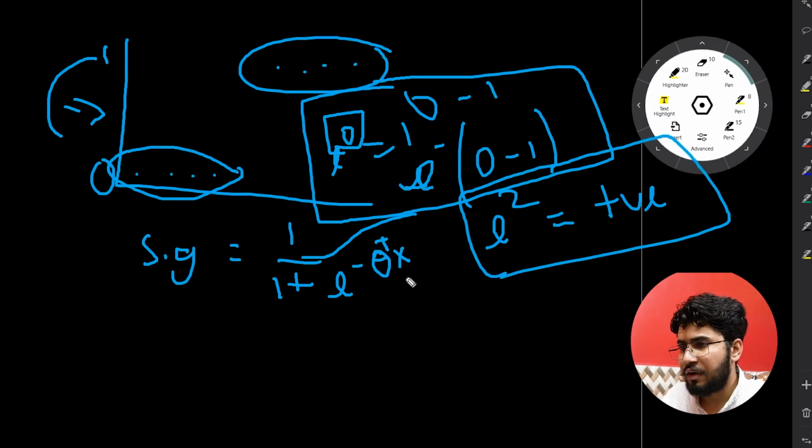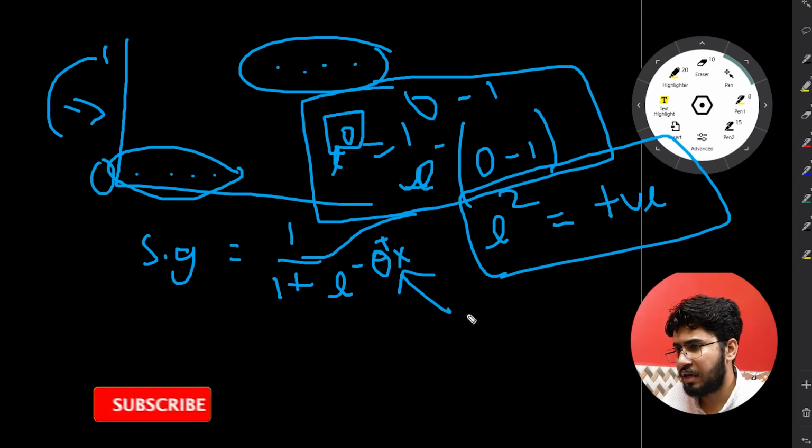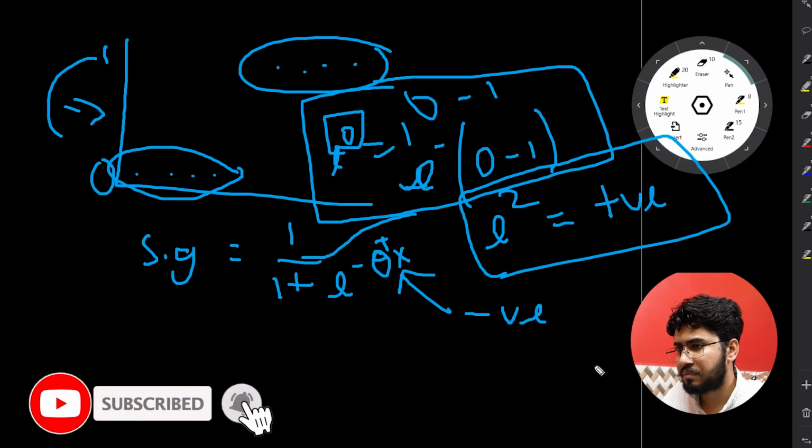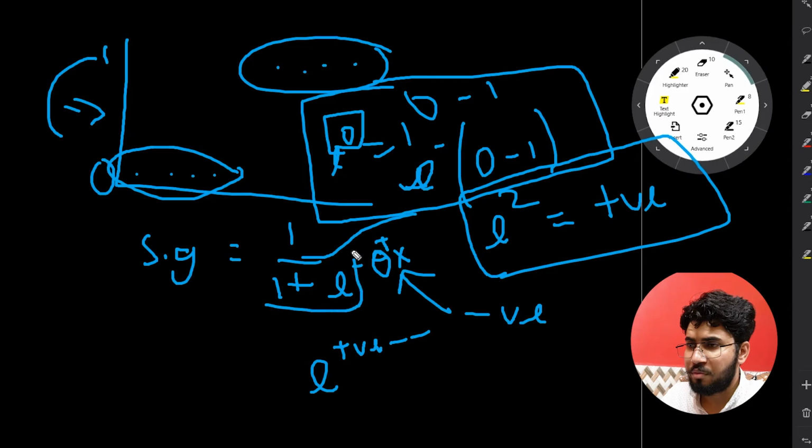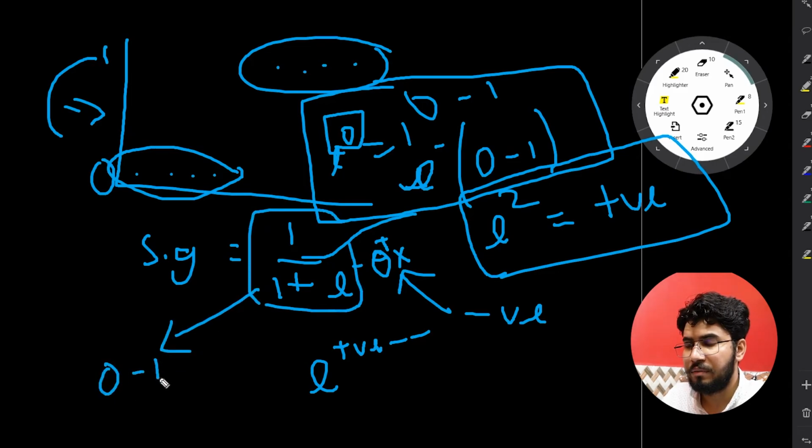So let's suppose this formula gives a negative output. That negative output is then multiplied with this negative part, so it is going to be a positive number. Now if you put that positive number in this formula, it is going to convert it into a value between 0 and 1.